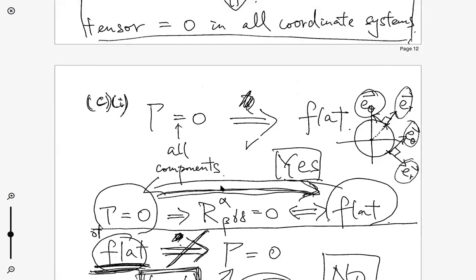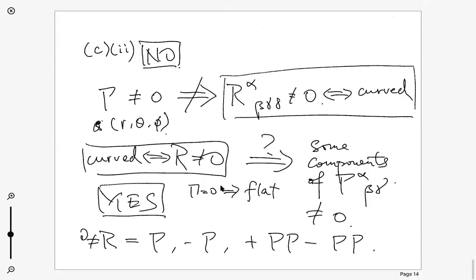So if we negate both conditions, we get not flat, and then the Christoffel symbol is not zero. And then we can do the reverse.